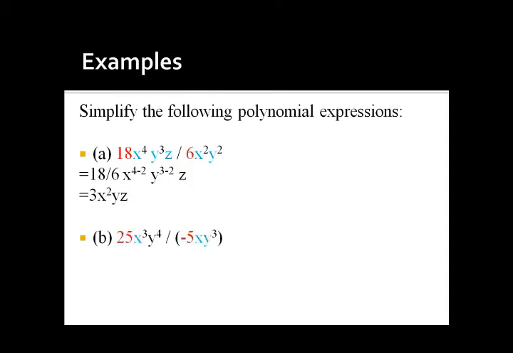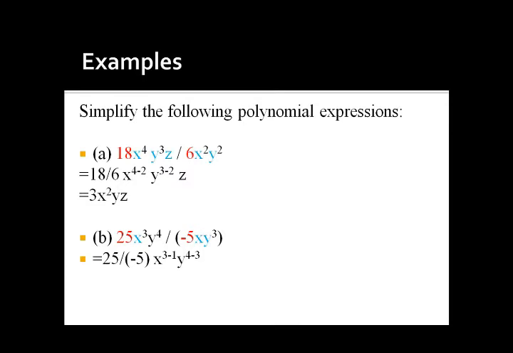Next we have 25x cubed y to the 4 divided by negative 5xy cubed. We do the coefficients first, so that would be 25 divided by negative 5. X cubed divided by x would be x to the 3 minus 1.